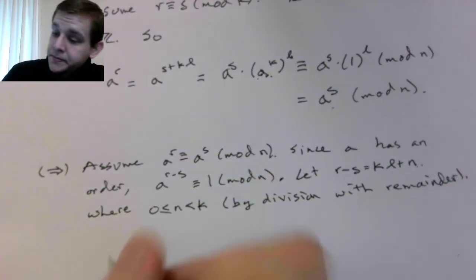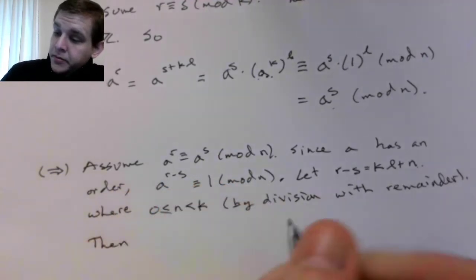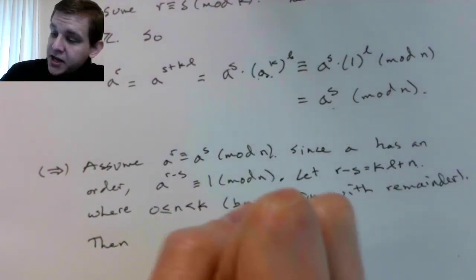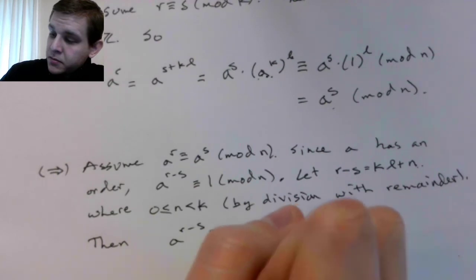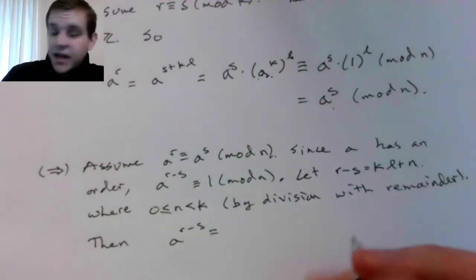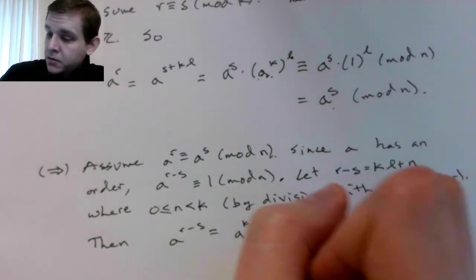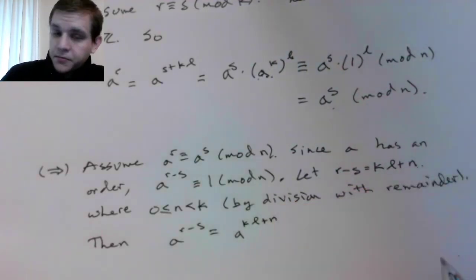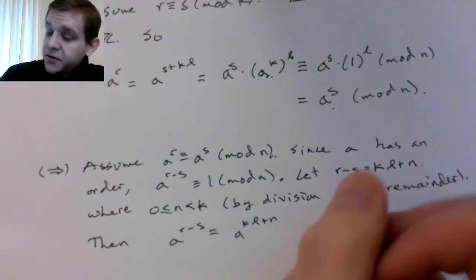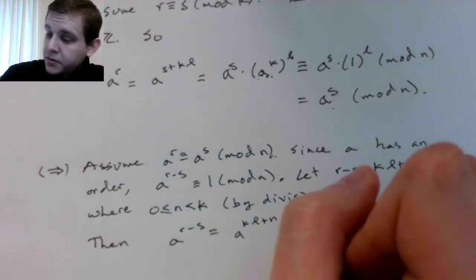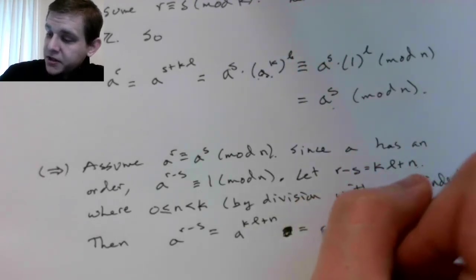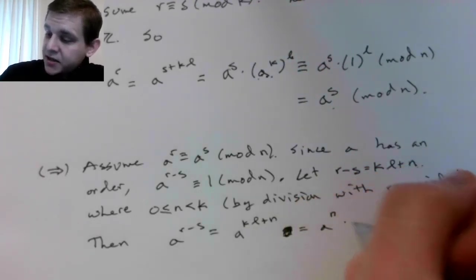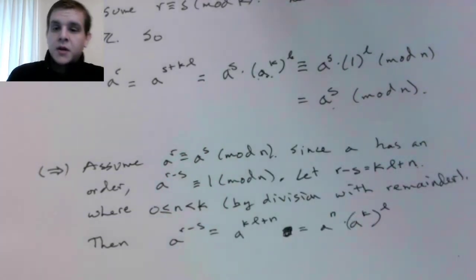So what do I know? Well, if I take a to the r minus s, r minus s is kl plus n. But again, I do the same trick that I did before. This is still congruent to a to the n times a to the k to the l.